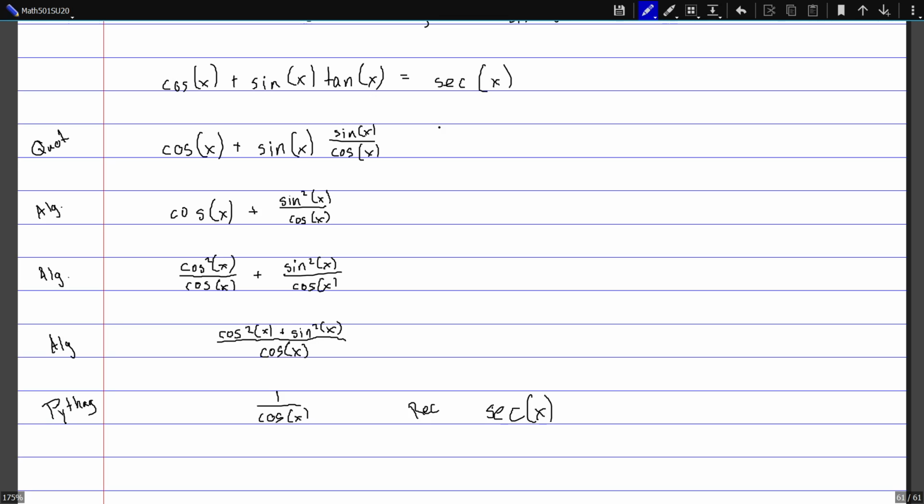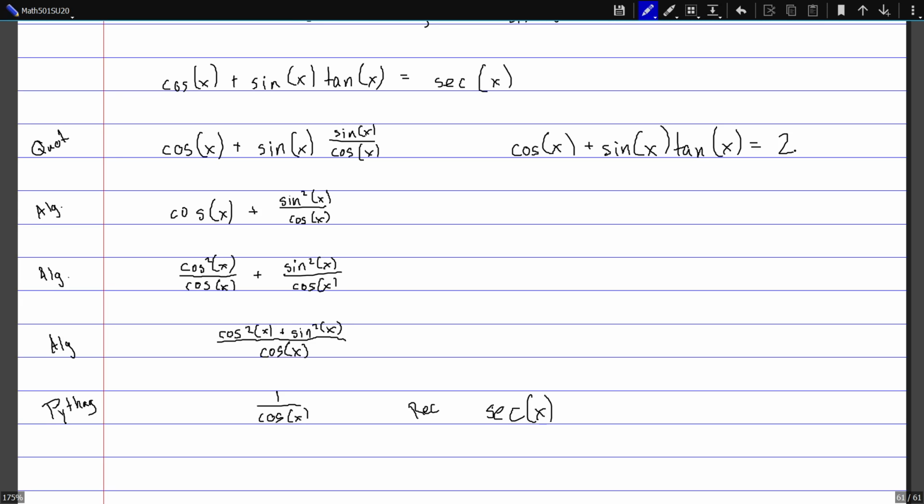There's a couple of pieces that I want to include here as a side note, along the lines of what I was talking about earlier. Let's say that in a later section we're asked to solve the following equation. I want to know, when is cosine of x plus sine of x times the tangent of x equal to, let's do 2 in this case.